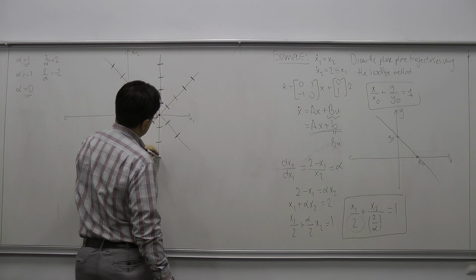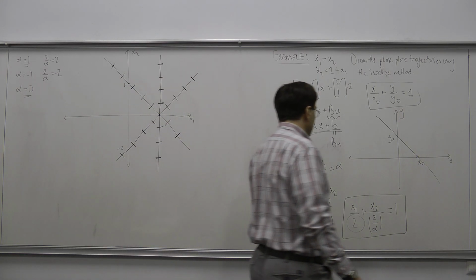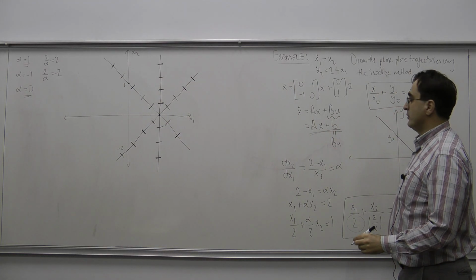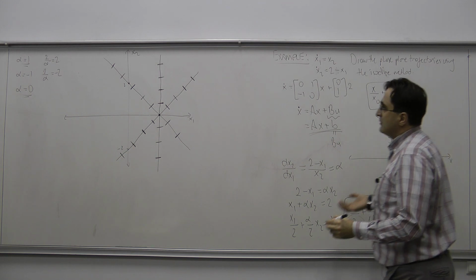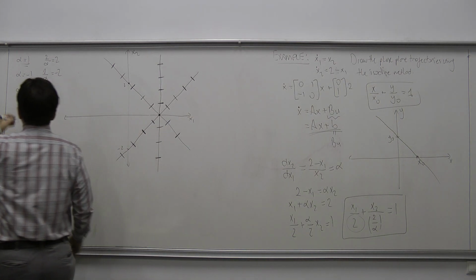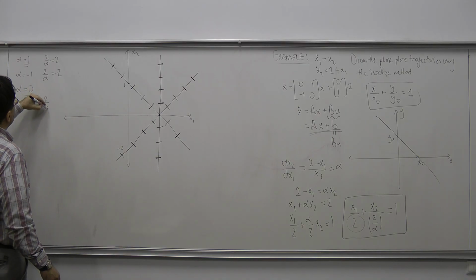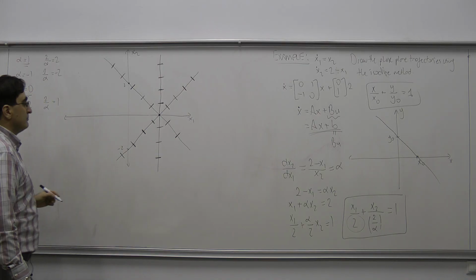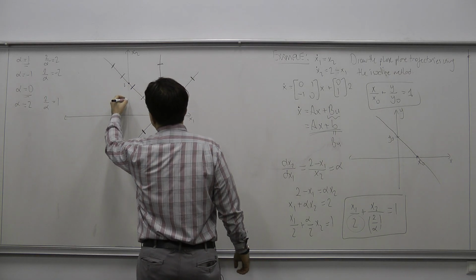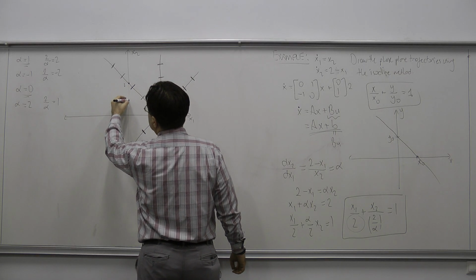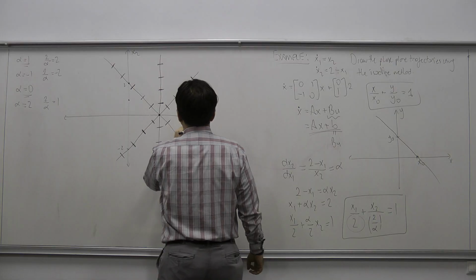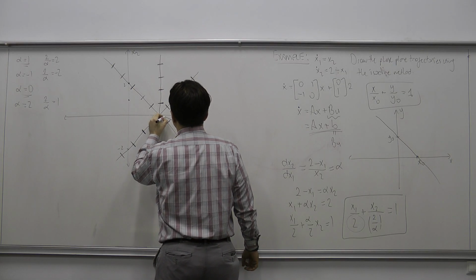So I have the trajectories locally horizontal on that line. And I can actually take other lines as well. Alpha equals 2, then 2 over alpha is equal to 1. Meaning that this line is going to pass through 1 here and 2 on the x1 axis.